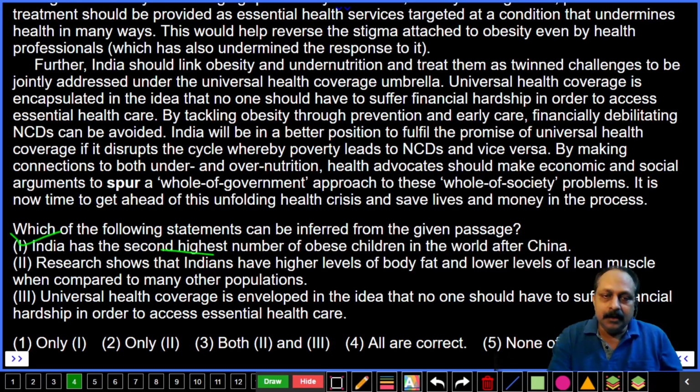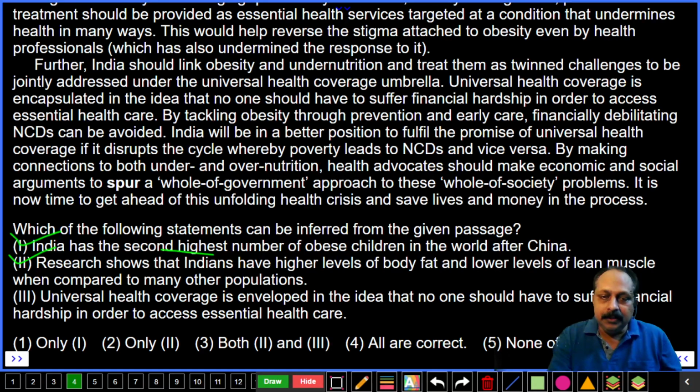India has the second highest number of obese children in the world after China. China number one, India number two. Research shows that Indians have higher levels of body fat and lower levels of lean muscle when compared to many other populations. Even this has been mentioned in the passage.